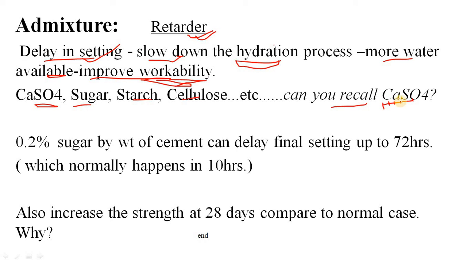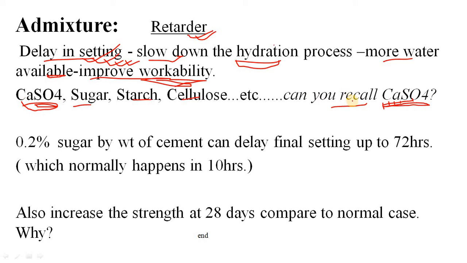But it is not at all desired in cement. That's why we use some amount of gypsum or calcium sulfate, which delays this setting. Because it delays the setting, in the meantime we have already packed the cement, so it cannot absorb moisture from the atmosphere. That's how we use calcium sulfate as a retarder there.